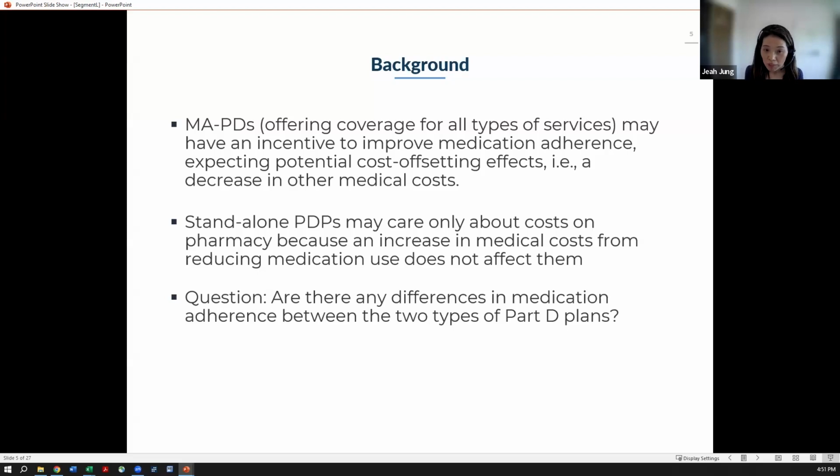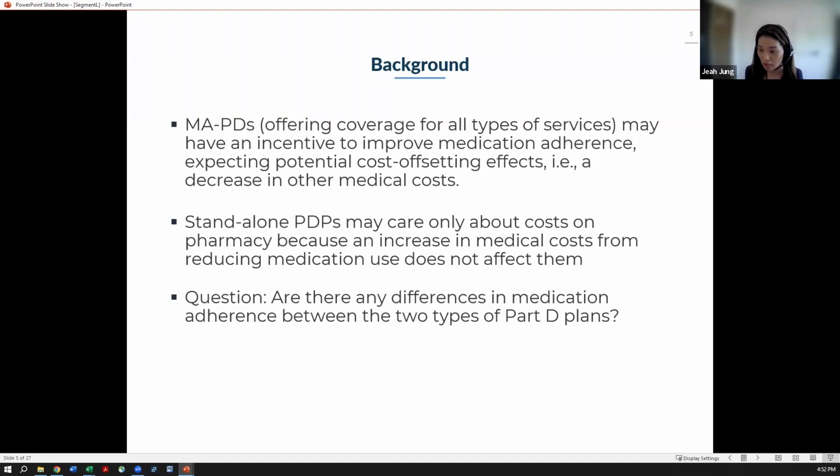Do standalone PDPs have that type of incentive? No. If they encourage their enrollees to use more medication, that's their cost, because they don't provide Part A and B services. Traditional Medicare fee-for-service may save some money, but PDPs are going to spend more.